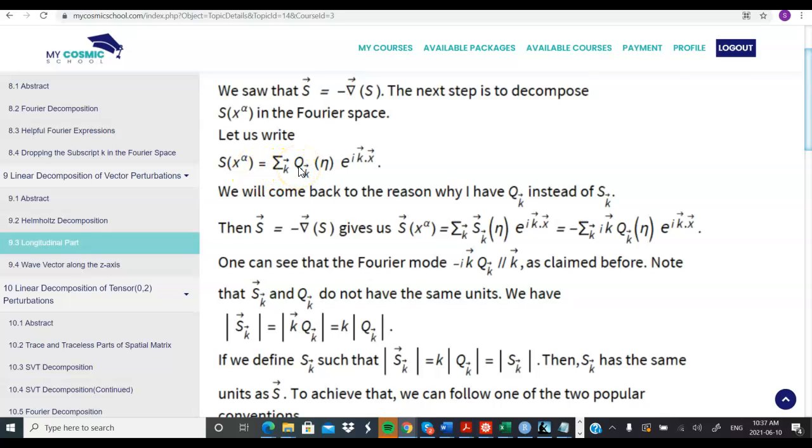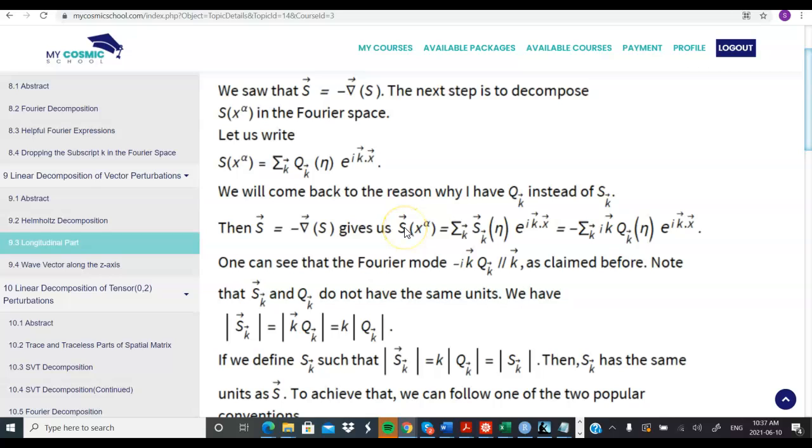Why? Because if you take the gradient of s so that you get vector s, let's say that for vector s I am writing the Fourier expansion like this. For vector s I am using sk in the Fourier amplitude, but here I'm not using sk, here I'm using qk. Let's pay attention to this part.